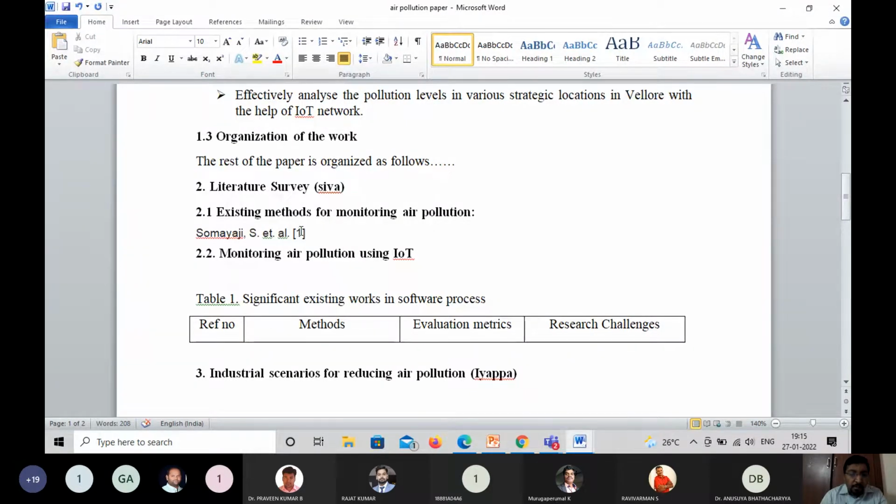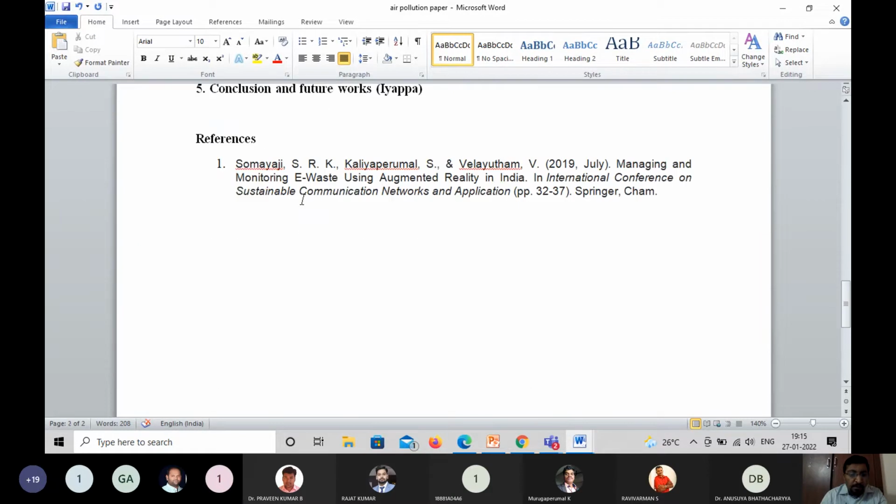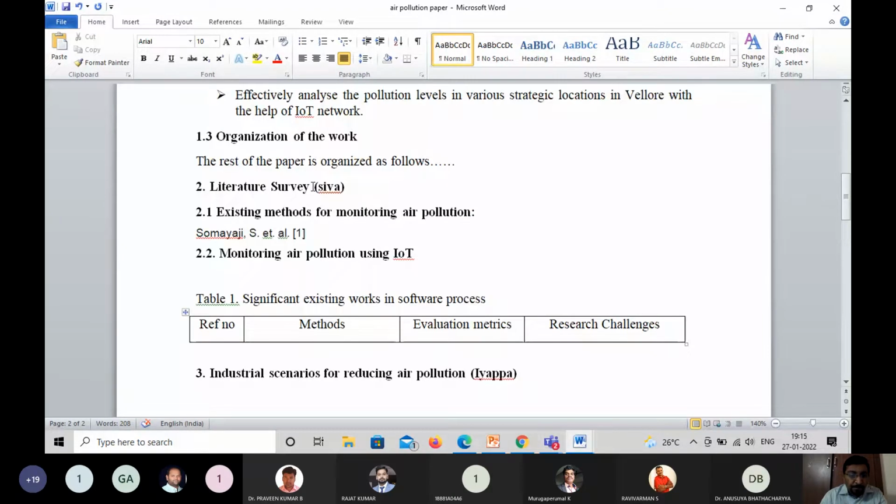So if I click on one, it should go to the reference. And then maybe you can continue saying, okay, discusses or proposes so and so. So this is one standard way most of the journals go with.